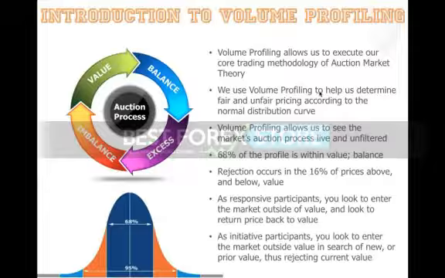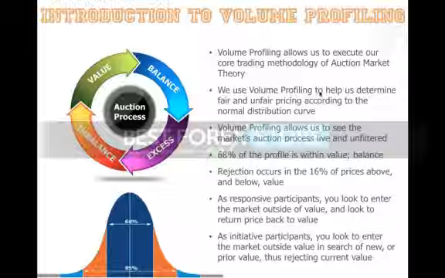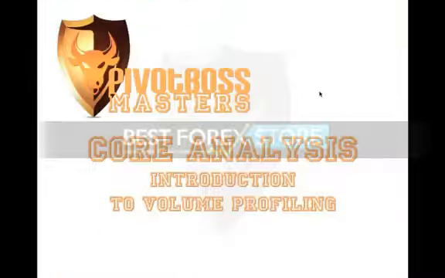So what we're going to do is we're going to lay a solid core foundation here of what volume profiling is. That's what we've done in this presentation. And to follow, we're going to get into some very expert techniques with using volume profiling. And that concludes our introduction to volume profiling for the core analysis module of Pivot Boss Masters.